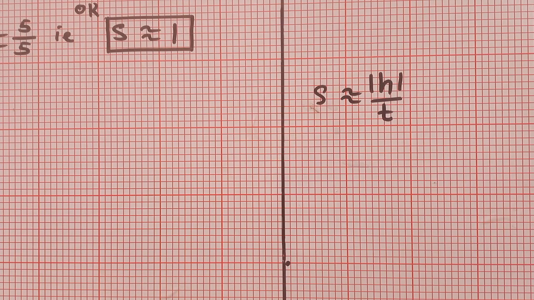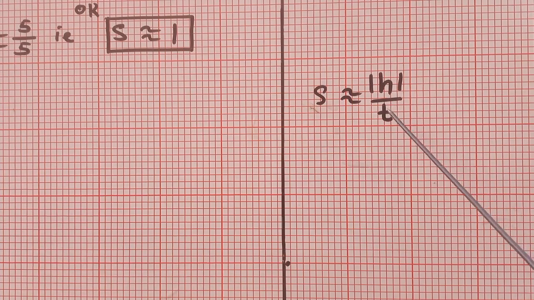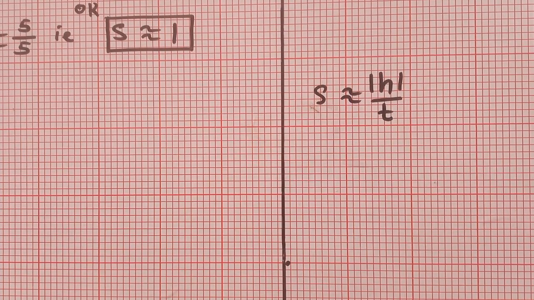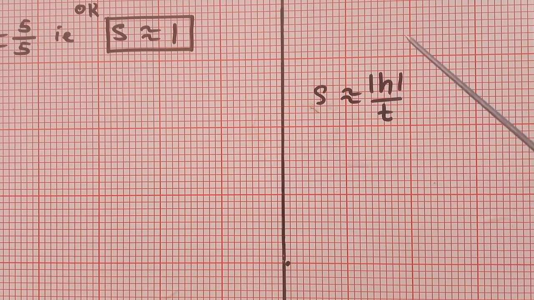Let's continue. What about t? A short while ago, we got that the number of intervals from 0, that is from origin, till the bottom of the graph page was 7. Therefore, we had 7 intervals. Are we going to use all these 7 intervals?